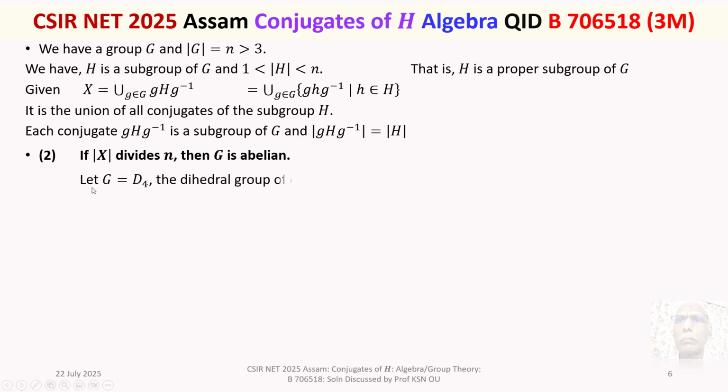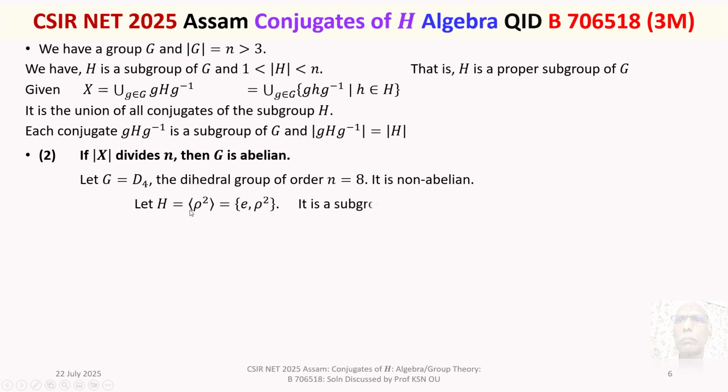Let us give a counter example. Let G be the dihedral group D4. The order of D4 will be 2 into 4, 8. So let G be D4, the dihedral group, and its order n is equal to 8. It is well known it is non-abelian.